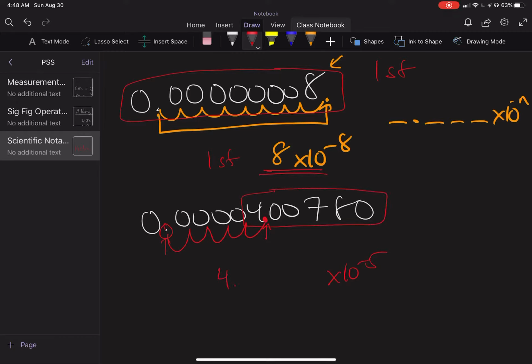So 4.00780. So the first way of writing the number, we had 1, 2, 3, 4, 5, 6 sig figs. These zeros were sandwiched. This one was after a decimal, after non-zero digits. So this part of the scientific notation number also has 6 sig figs.